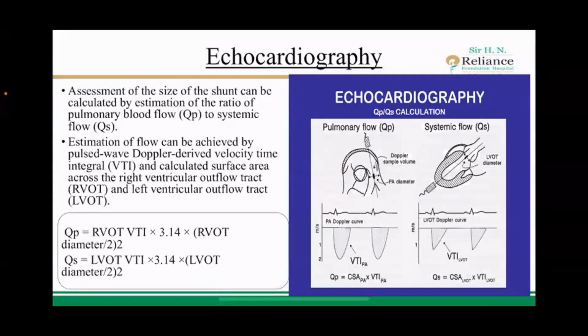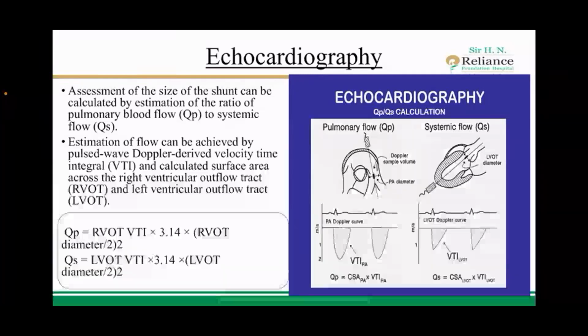So here, the same thing: assessment of the size of the shunt can be calculated by estimation of the ratio of the pulmonary blood flow to the systemic blood flow, that is QP and QS. Estimation of the flow can be achieved by pulsed wave Doppler velocity time integral and calculated surface area across the RVOT or LVOT.